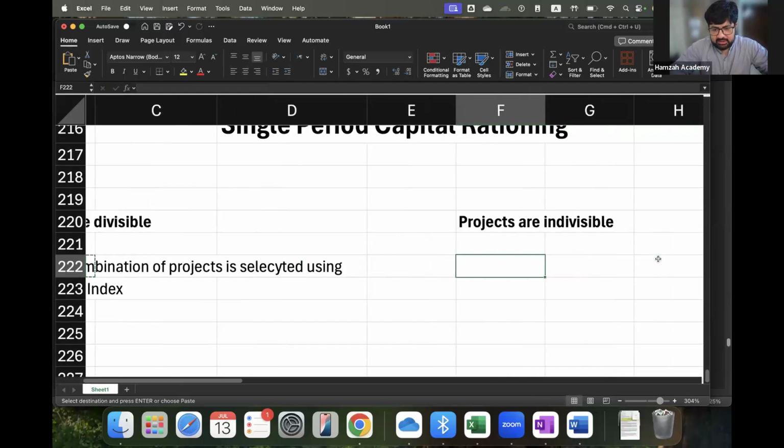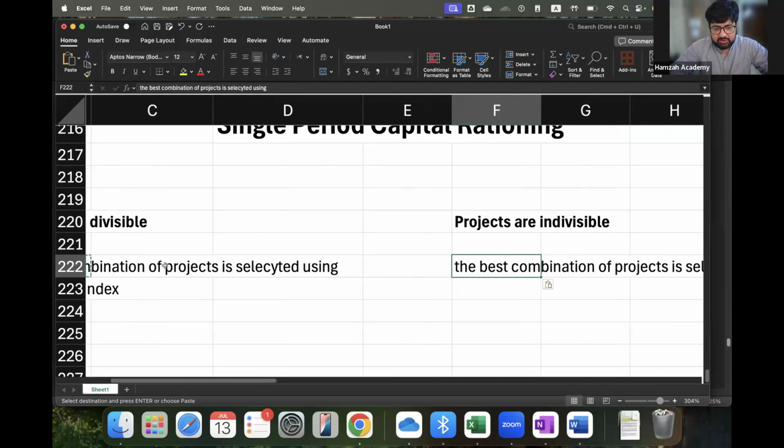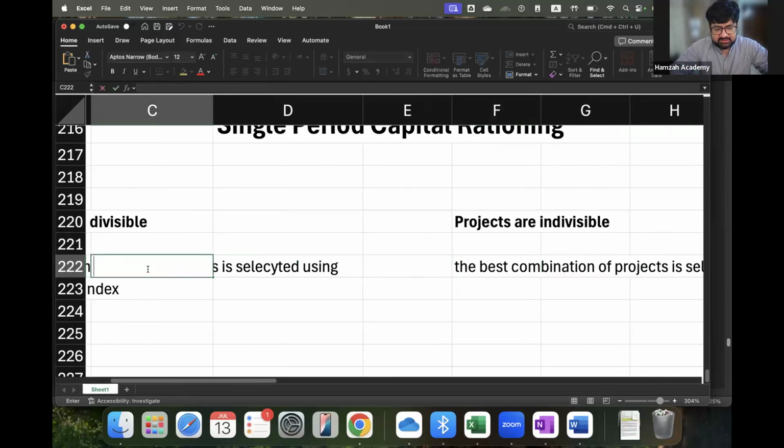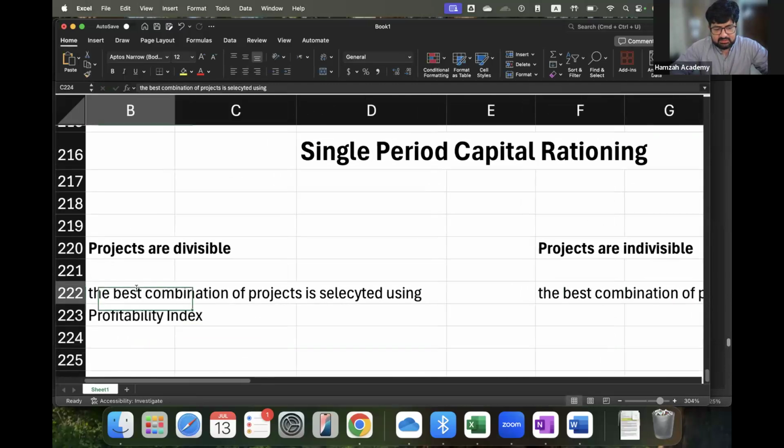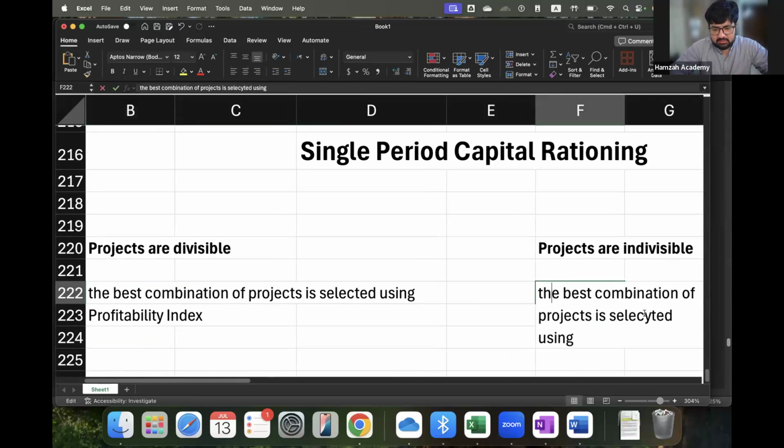If projects are indivisible, the best combination of projects is selected using the trial and error method.